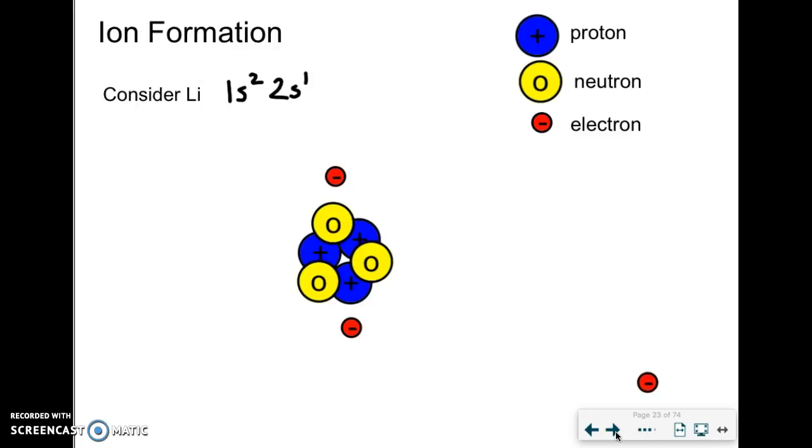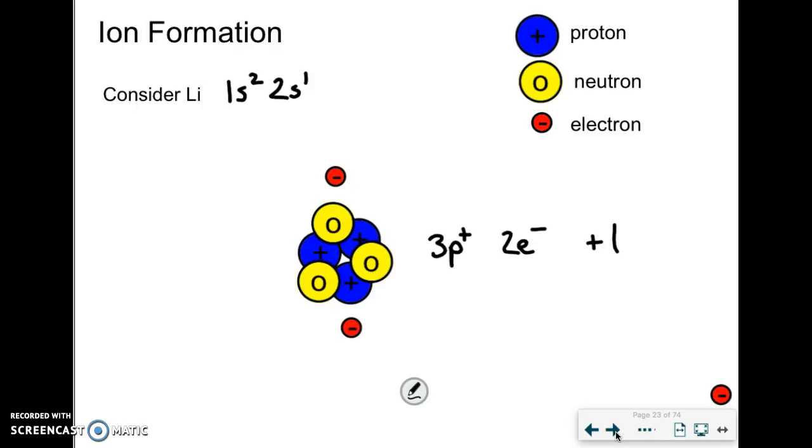I'm just going to move it off to the side, and that can get transferred somewhere. Lithium now will have 3 protons still in the nucleus, but around the nucleus are only 2 electrons.